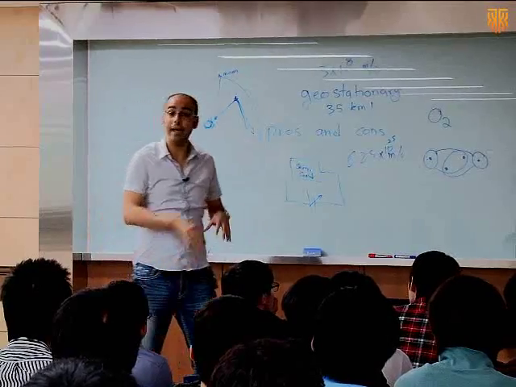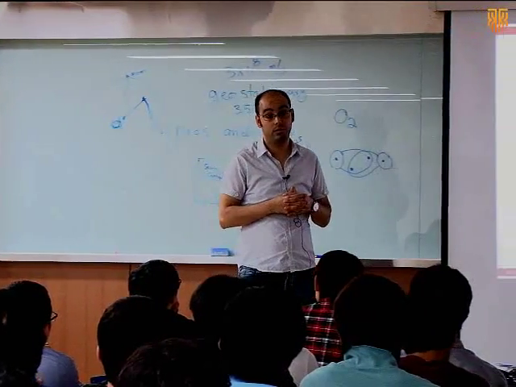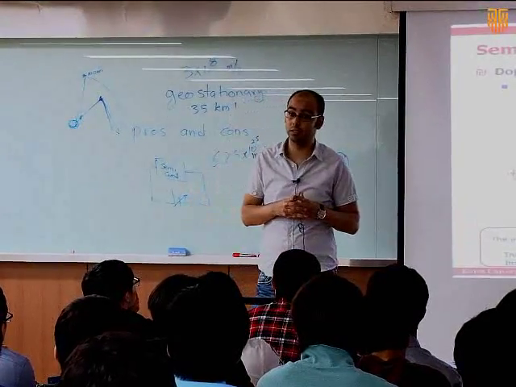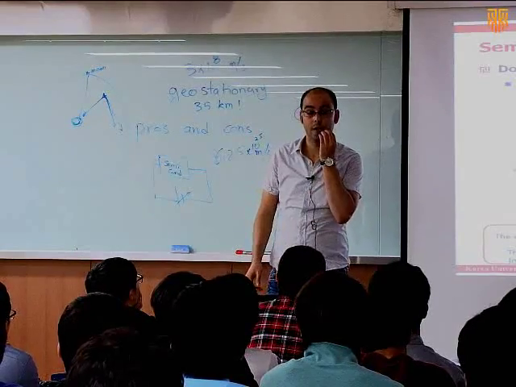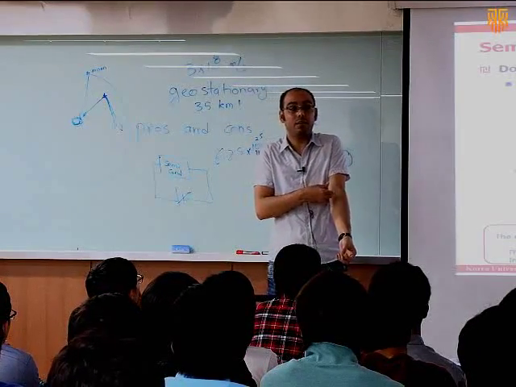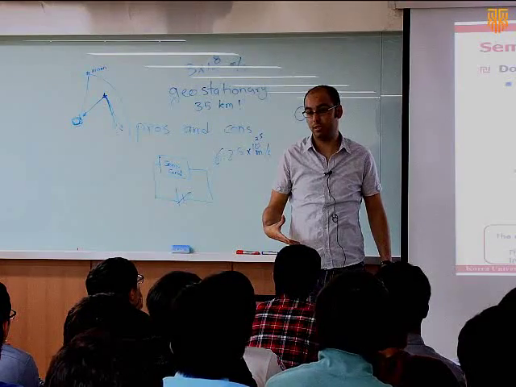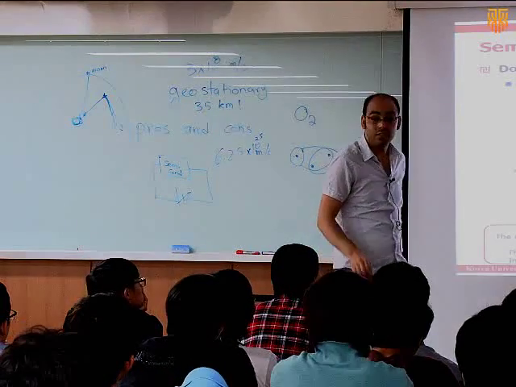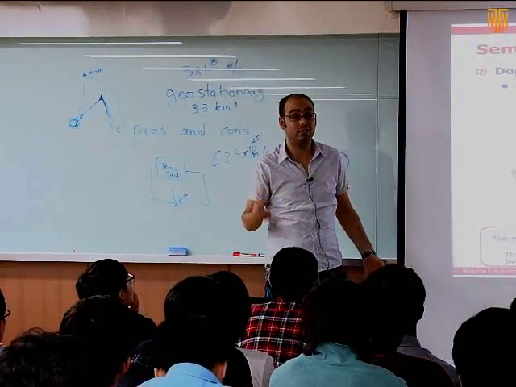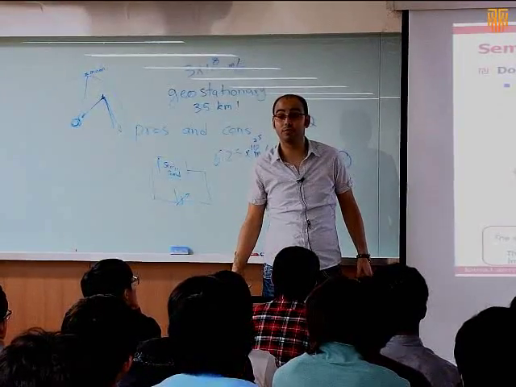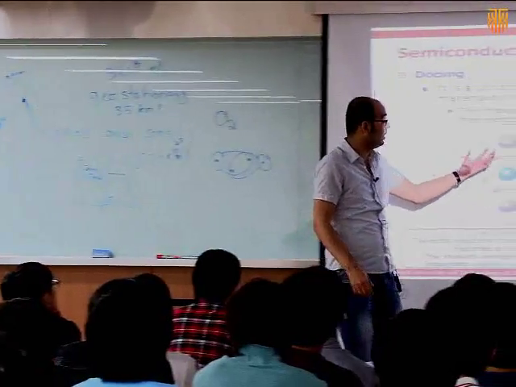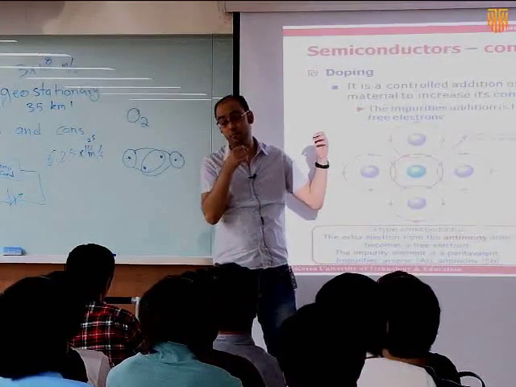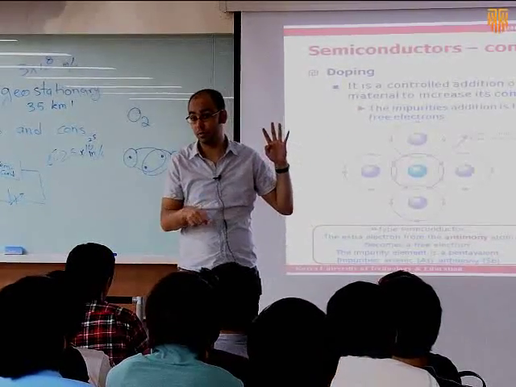How to add electrons? We want to dope, to add something, not silicon. Another material. That material must have some characteristics, right? Silicon has how many electrons in the valence shell? 4, right?